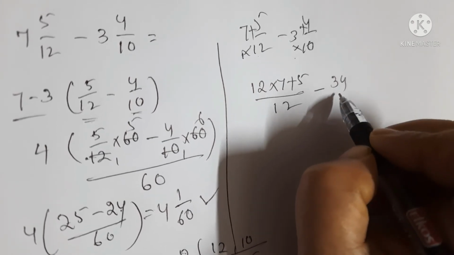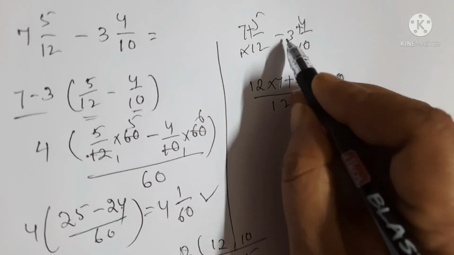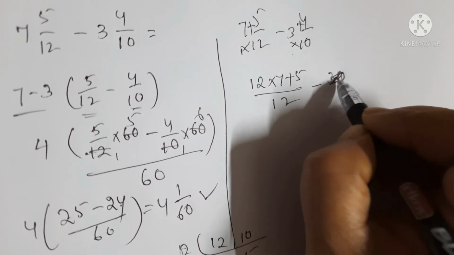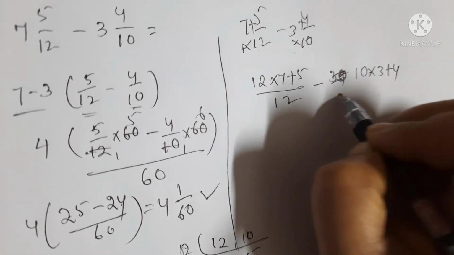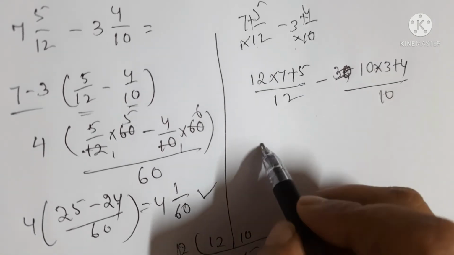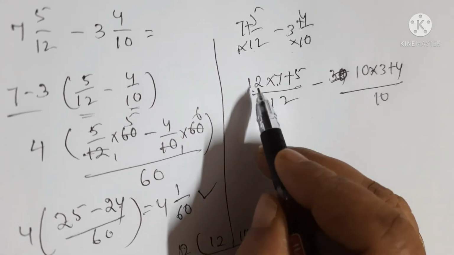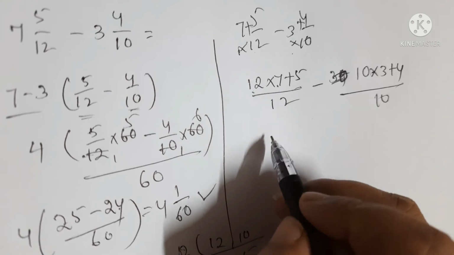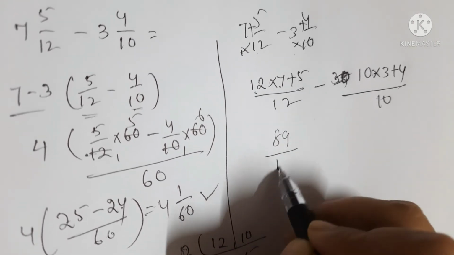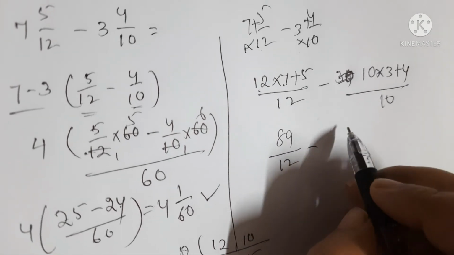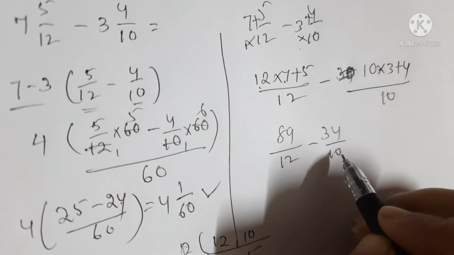Directly I added here, I solved here, but here if you do 10 into 3 plus 4 by 10. Now this one you solve, we will get here 12 sevens are 84 plus 5 is 89 by 12. Now 10 threes are 30 plus 4 is 34 by 10.